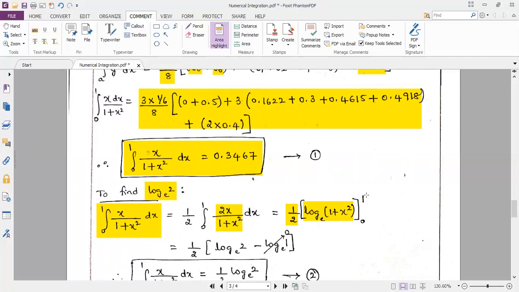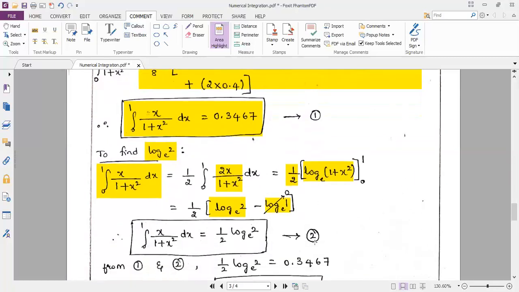Applying the limits between 0 and 1, we obtain half of log 2 minus log 1. Log 1 value is 0. So we have integral 0 to 1 x divided by 1 plus x square dx is half of log 2 to the base e. Comparing equations 1 and 2, since the LHS of equations 1 and 2 are the same, we equate the RHS.